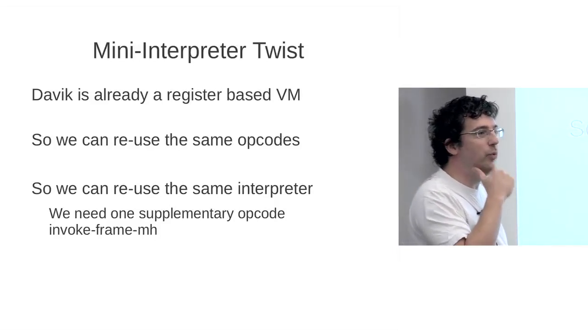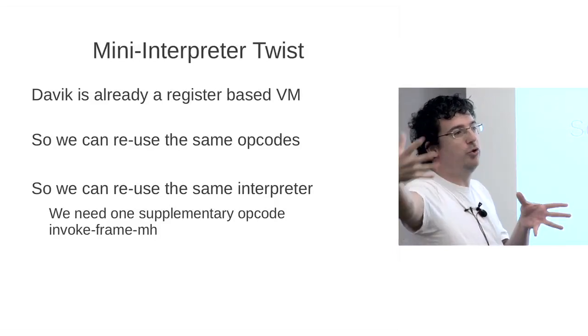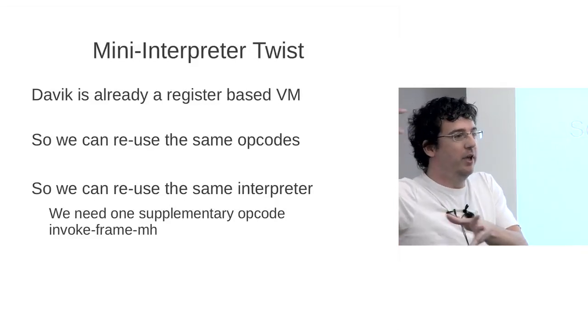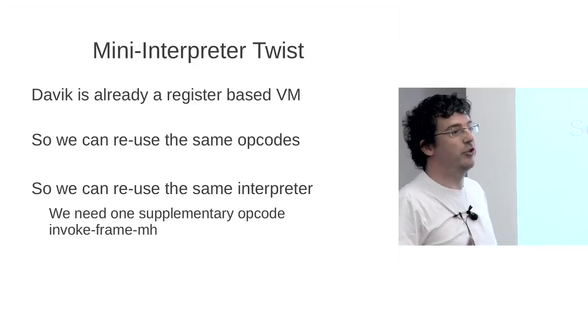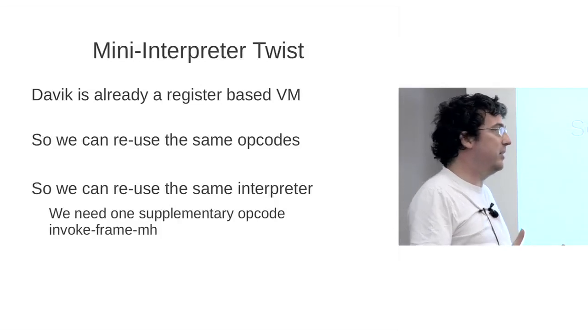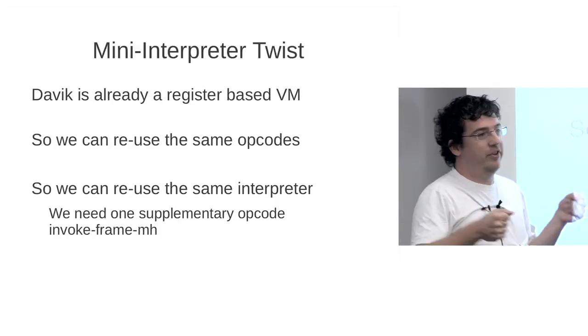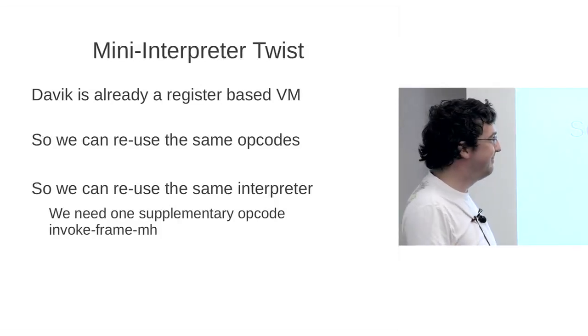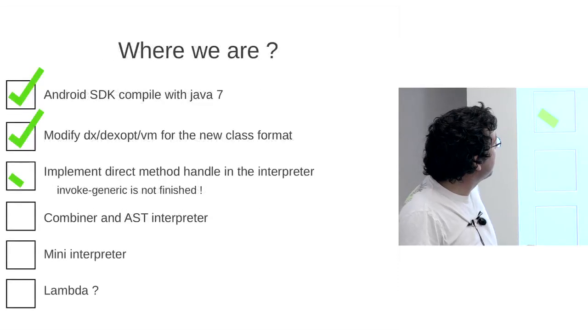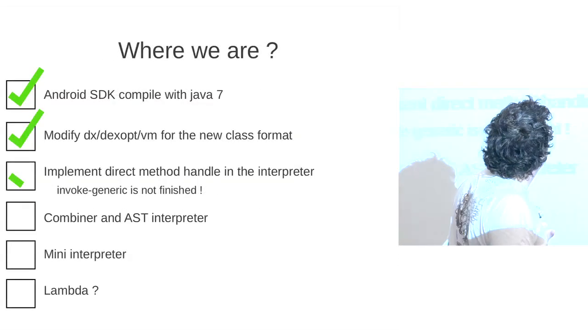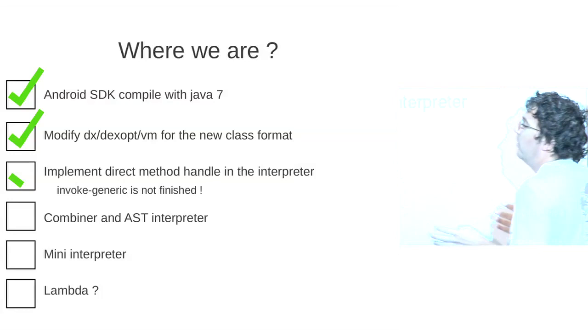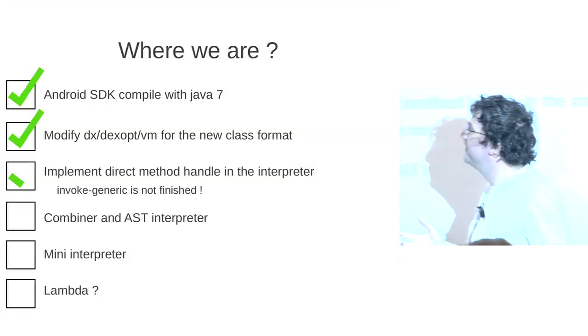We think we will be able to execute MethodHandle trees as efficiently as possible. So this is where we are and where we want to be.